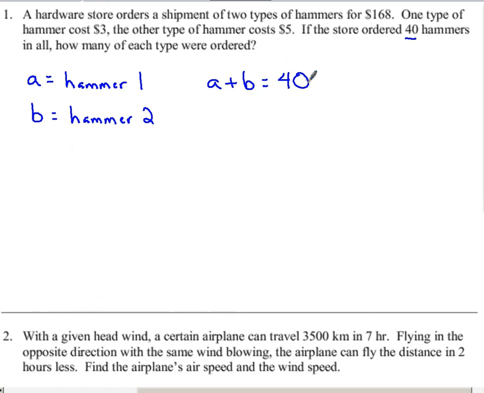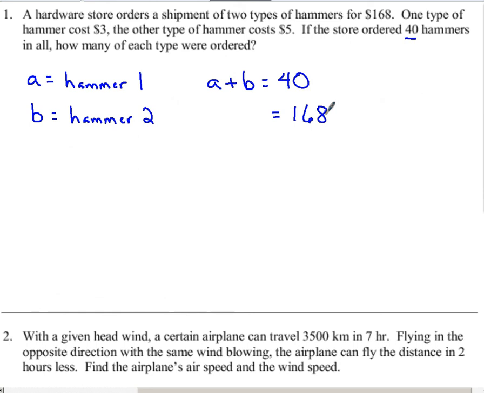But then another equation that's pretty common on these problems to set up has to do with some kind of value, like in this case, money value. We know that in total here, there's $168 worth of these hammers. And we know that one type costs 3, the other type costs 5.